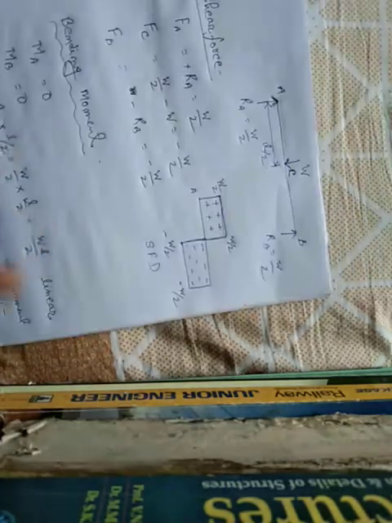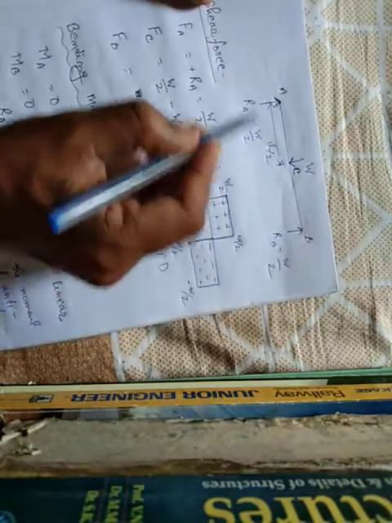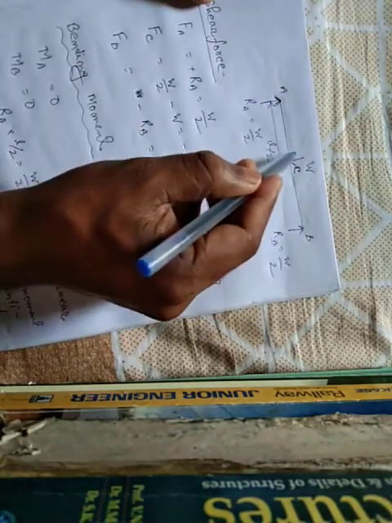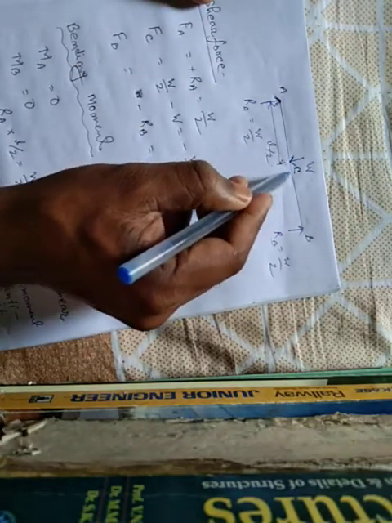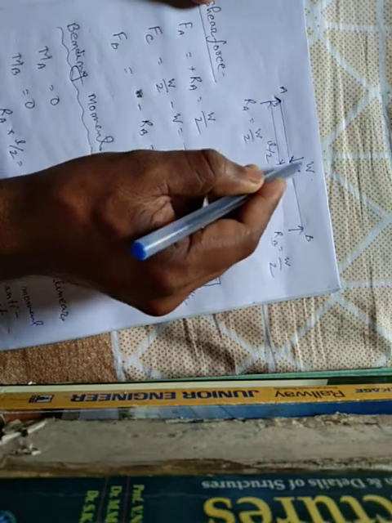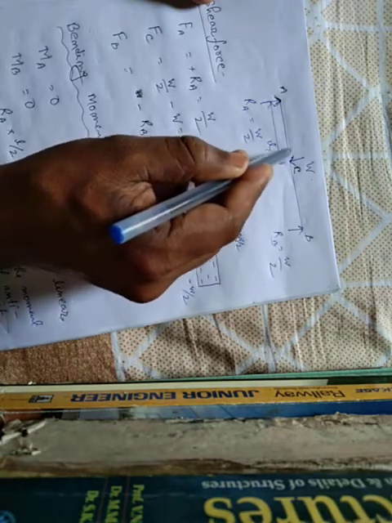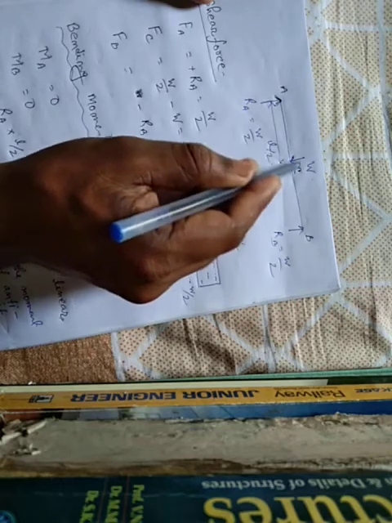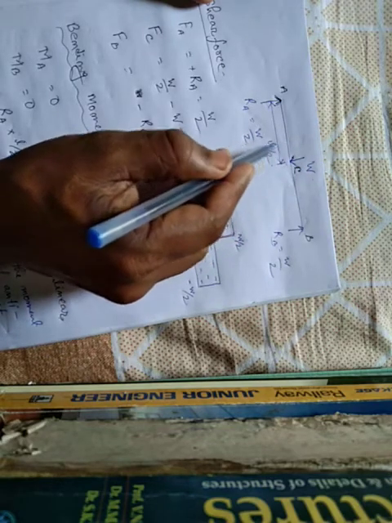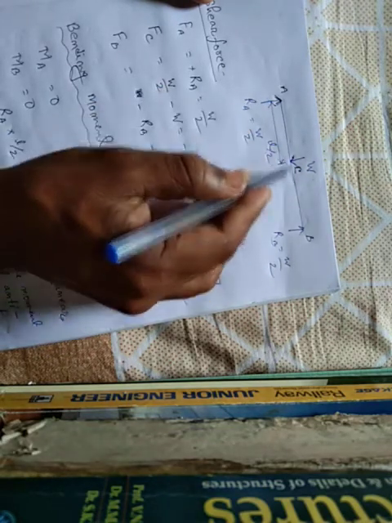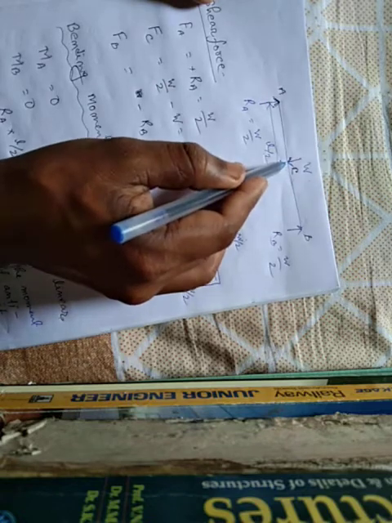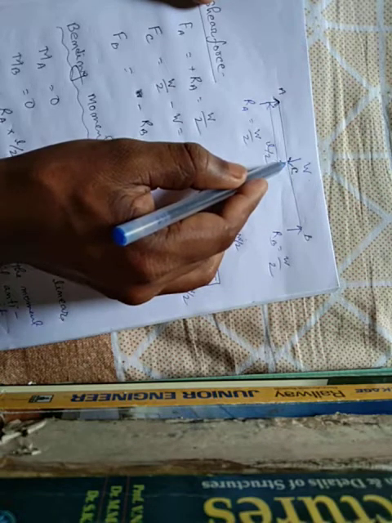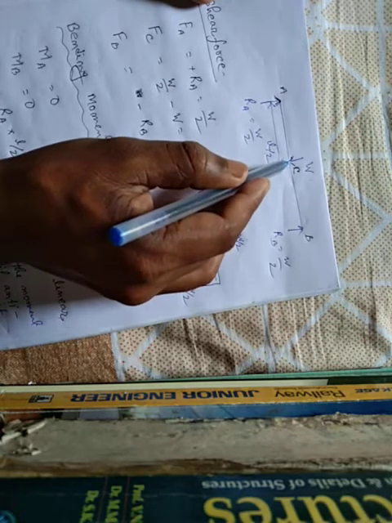Now look at the beam. In the left side portion, if the moment of force is clockwise, the bending moment is positive. If the moment of force is anti-clockwise, for the left side section of C, it will be negative bending moment.